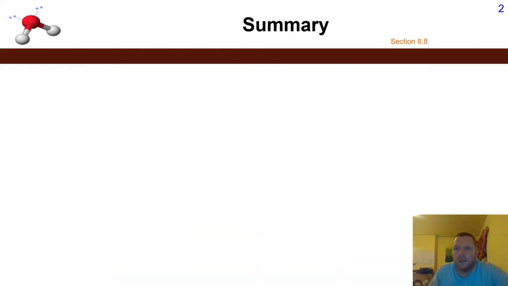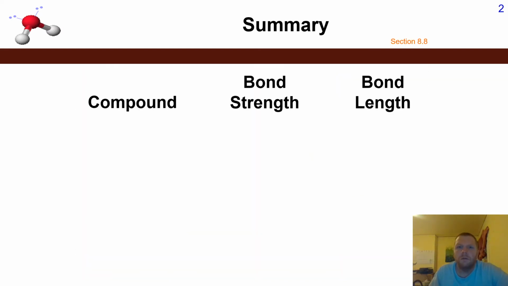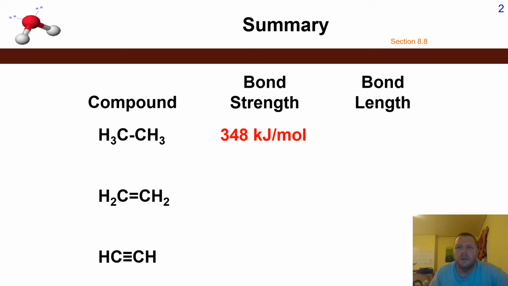Now, in summary, what this shows is a table of a number of different molecules, comparing different compounds' bond strengths and bond lengths. So when we look at these three different compounds, we're looking at a single carbon-carbon bond, a double carbon-carbon bond, and a triple carbon-carbon bond.